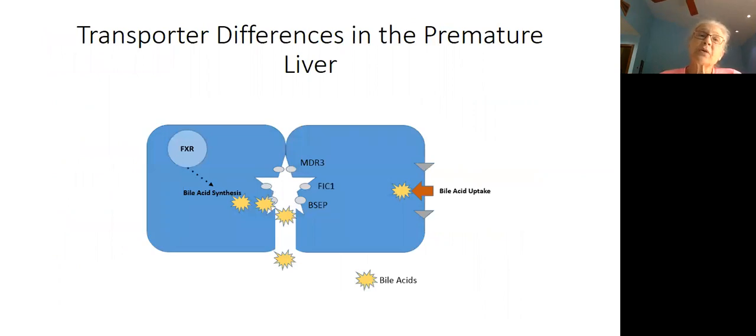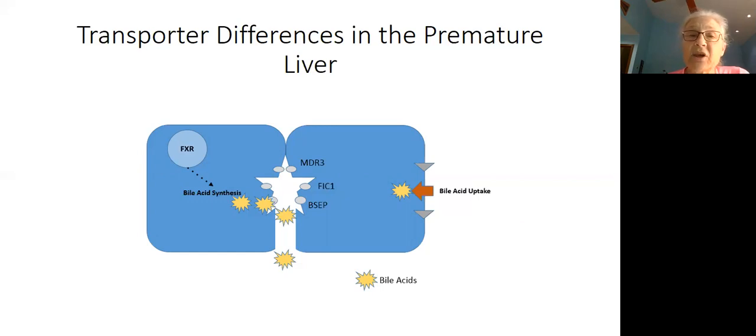So, transporters are different in the premature liver because they're developmentally regulated. And in the premature, you don't have nearly as many transporters for bile acids. You don't make many bile acids. You don't have much FIC1, which allows the membrane between the hepatocyte and the bile duct to be normal so that the transporters can embed.